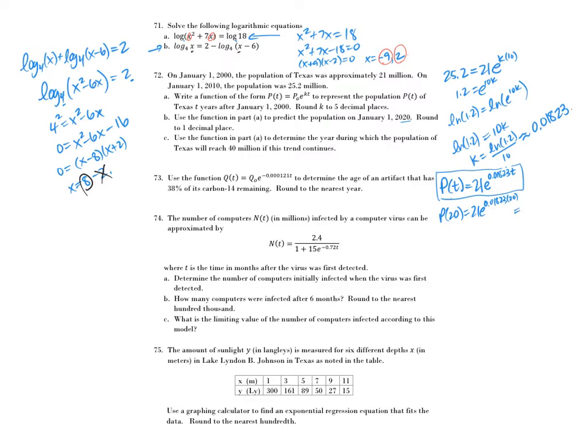And when I plug that into my calculator, 21 e to the 0.01823 times 20, I get 26.85, round to 1 decimal place, so 26.9.